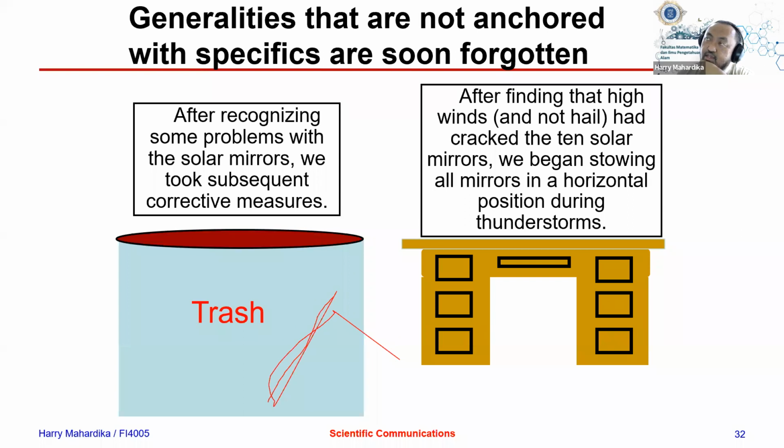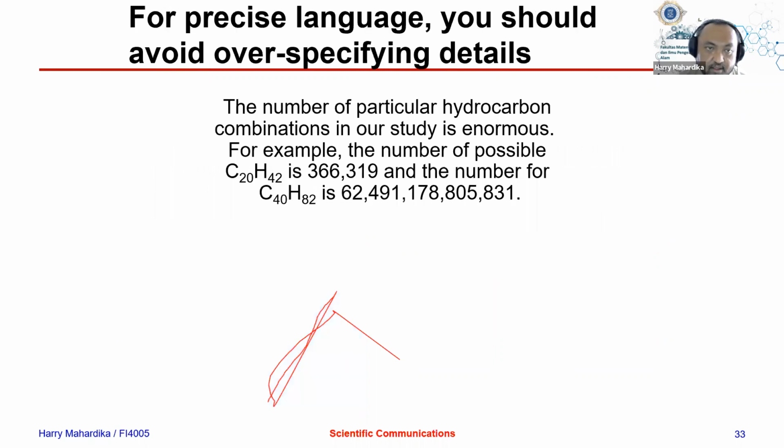Even though sometimes we need to write something general at the beginning, after that we put detailed information or specifics after the general sentence. If we don't include that, the sentence which only contains general information will be forgotten by the reader or the audience.